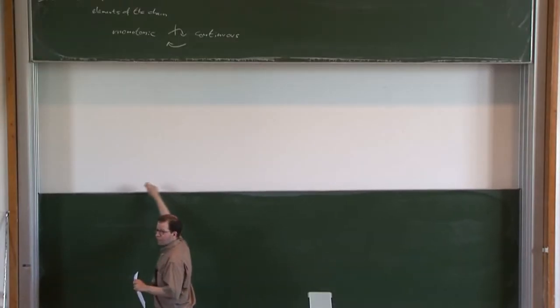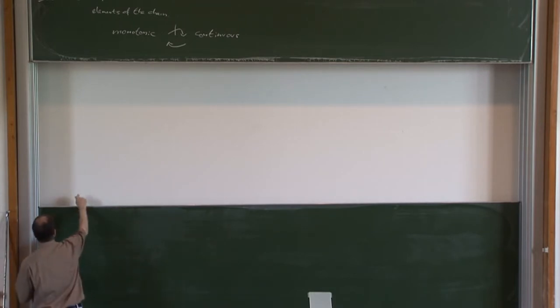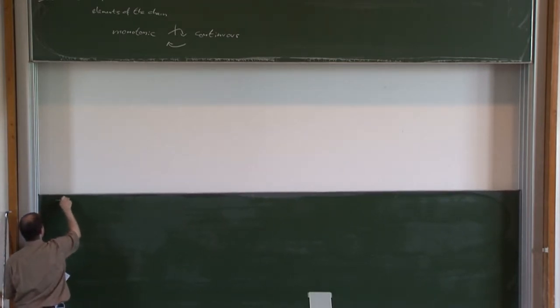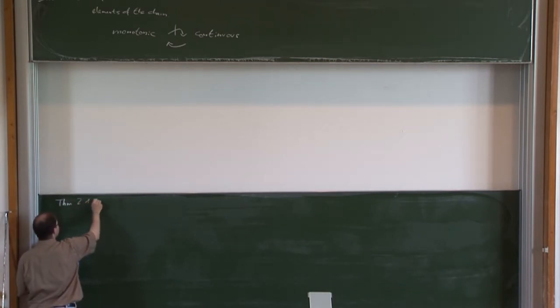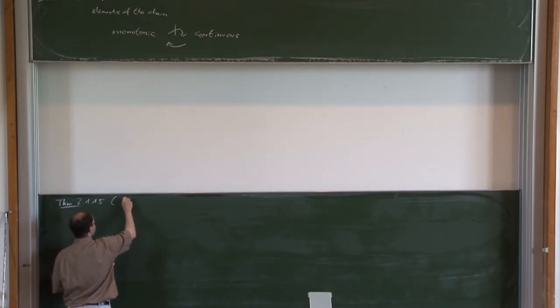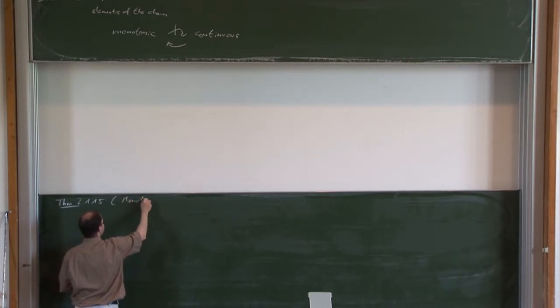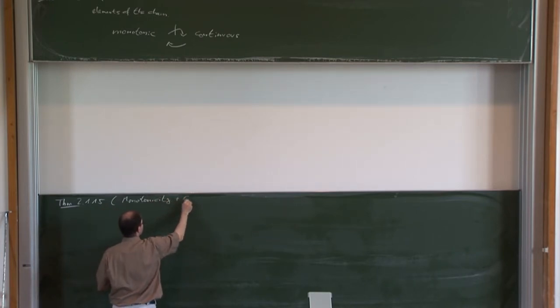So the following theorem clarifies the relationship between continuous and monotonic. This is theorem 2.1.15, and it gives us the connection between monotonicity and continuity.